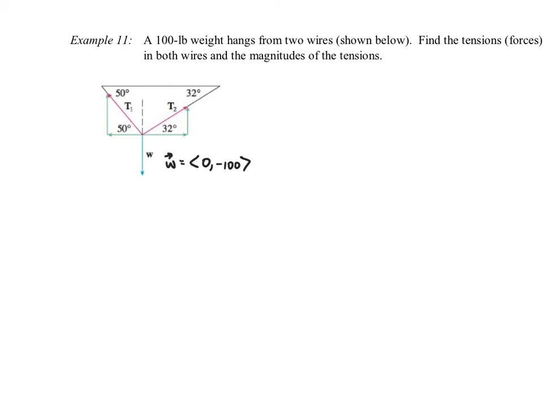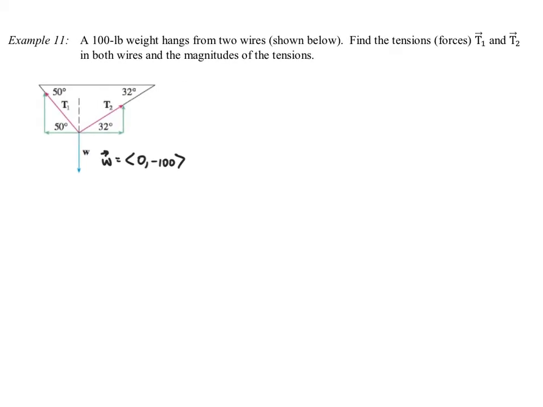Okay, so let's start with T1. And with T1, we have this little triangle here. Let's draw it out and label it. So we have 50 degrees and Y and X. And if we're going to try to figure out the components of this, if we were to take the cosine of 50 degrees, we would get X divided by the hypotenuse, which would be the magnitude of T1.